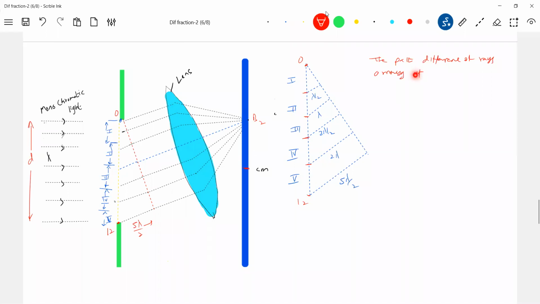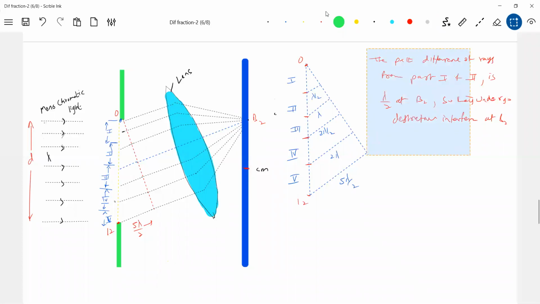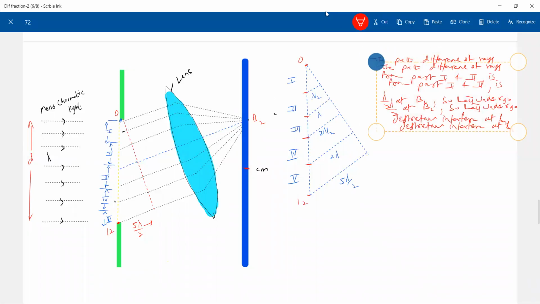The path difference of rays from part 1 and part 2 is lambda by 2 at B2, so they undergo destructive interference at B2.